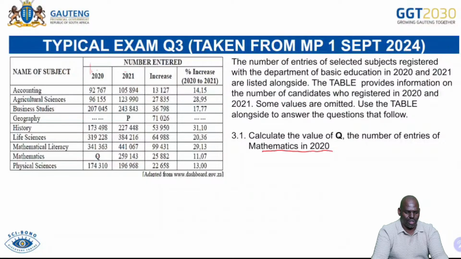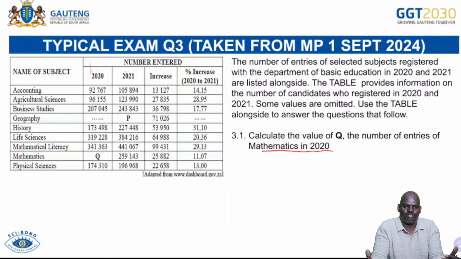In 2021, it's 259,143, and they say this is an increase by 25,882. So from 2020 to 2021, the number increased by 25,882. So we need to find the number in 2020.